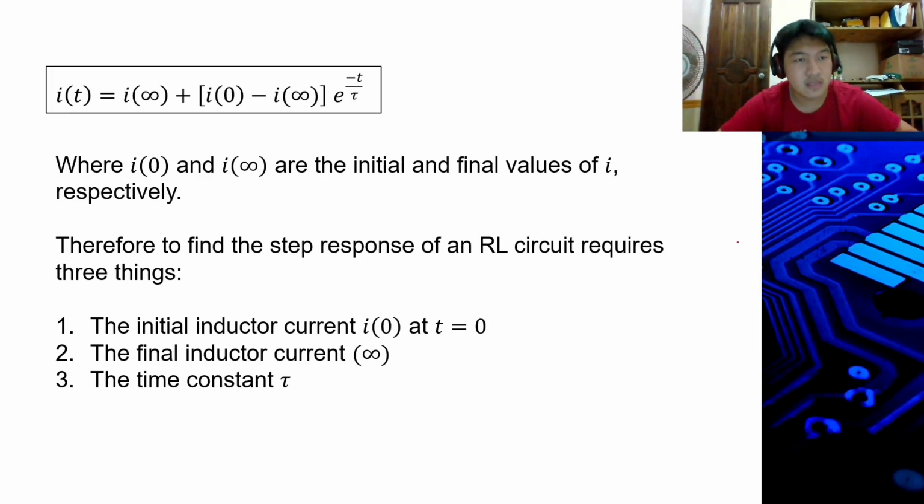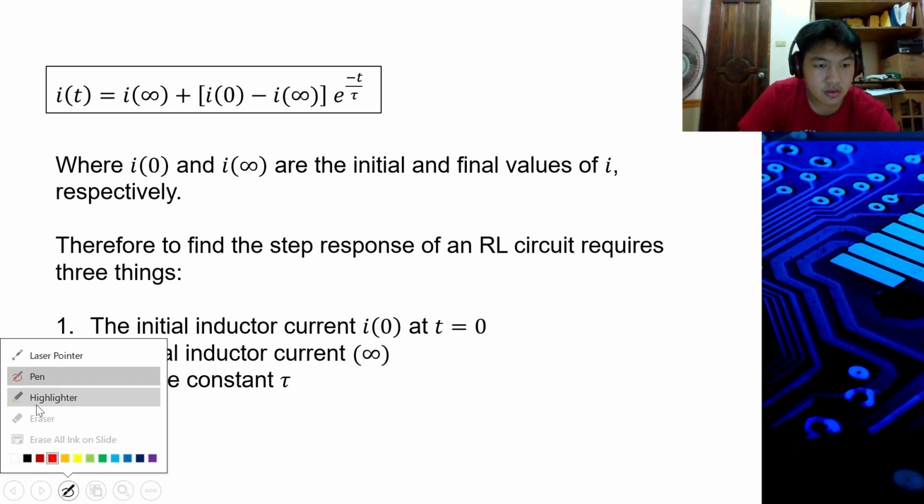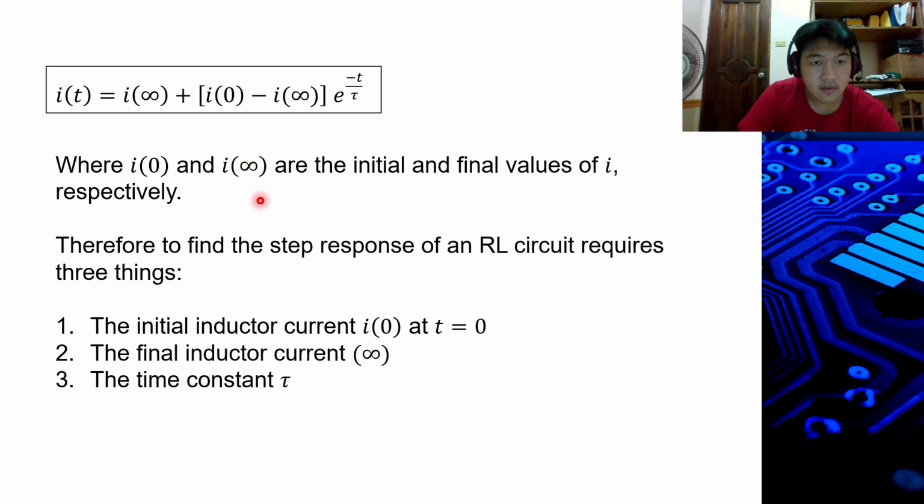Okay, so i(t) = i(∞) + [i(0) − i(∞)] e^(-t/τ), where i(0) and i(∞) are the initial and final values of i respectively.